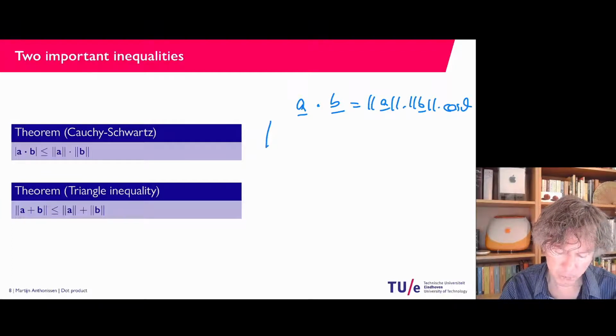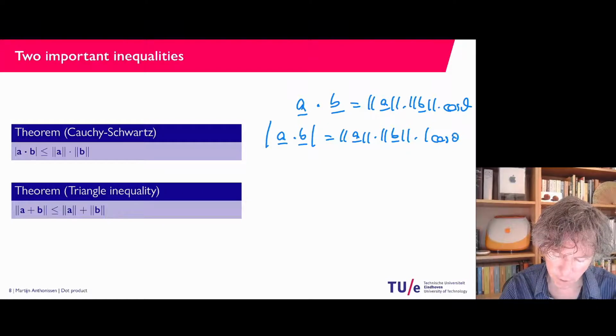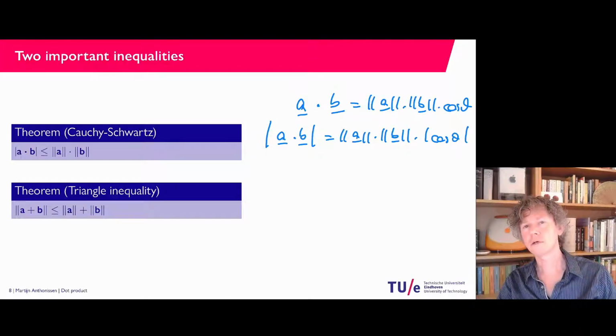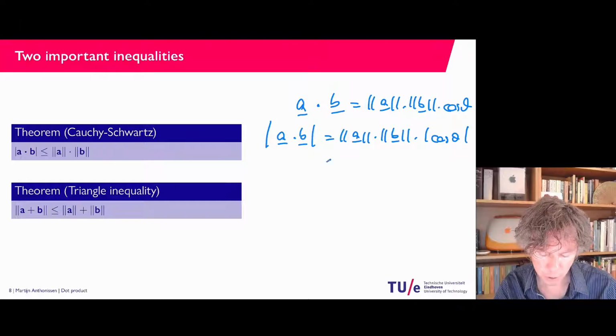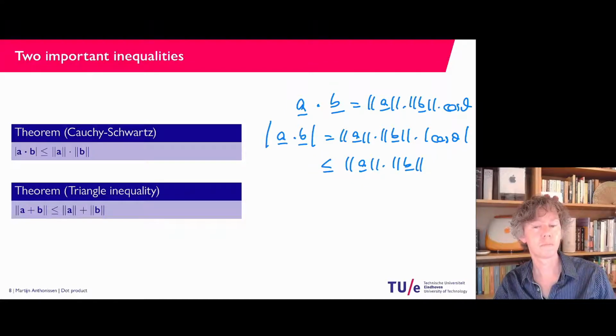So the absolute value of A dot B is length A, which is a positive number, length B also, times the absolute value of cosine theta. Now the cosine is always in between -1 and +1. So if you take the absolute value of the cosine, that is less or equal 1. So this is less or equal length A, length B times 1. So that proves the Cauchy-Schwarz inequality.